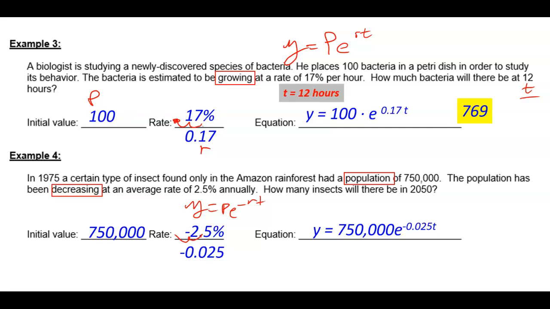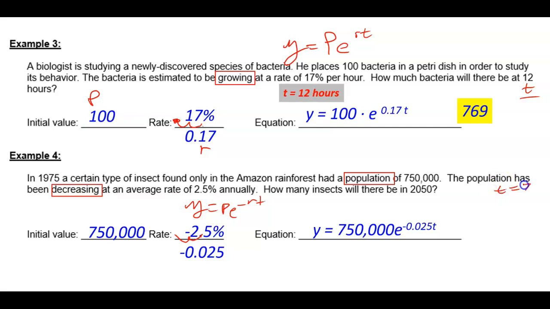1975. So from 1975 to 2050, how many years is that? 75 years. Y'all, I hope y'all can subtract. In your calculator, 2050 minus 1975 will give you the amount of years. Find the difference. So it is 75 years.